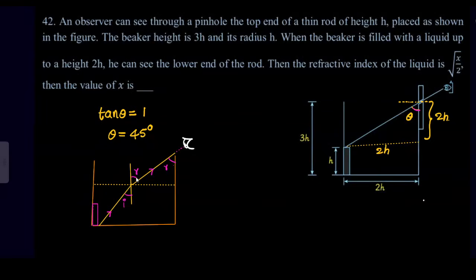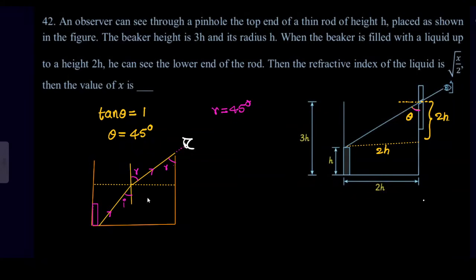The person's angle does not change, but the light ray gets deviated because of the medium. So how much must this R value be? This must be 45 degrees. This R is 45 degrees. Clear this point? Tell me.